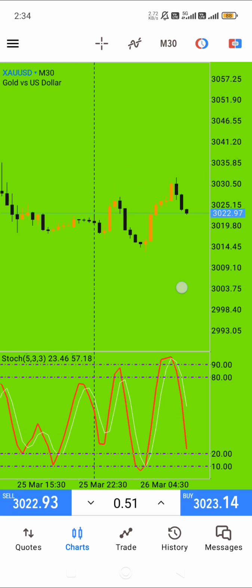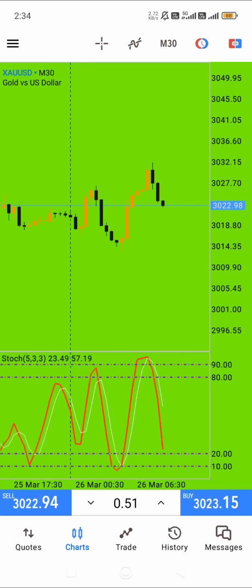Just I will check the market. Here one thing to follow. 90 and 80 is the overbought level. If the red line crosses the white line downward, the market will go to the downside. 80, 90 is overbought, 10, 20 is oversold.